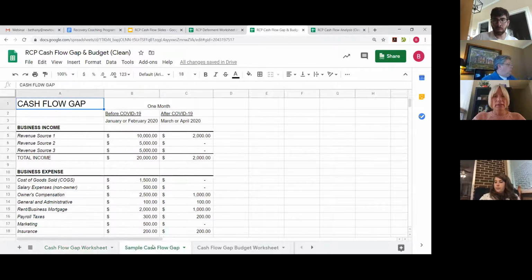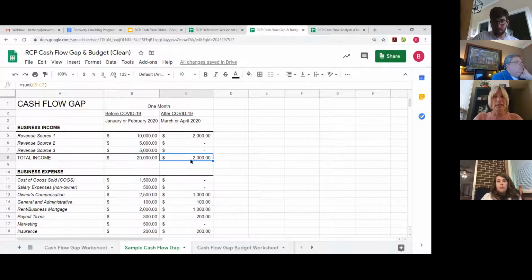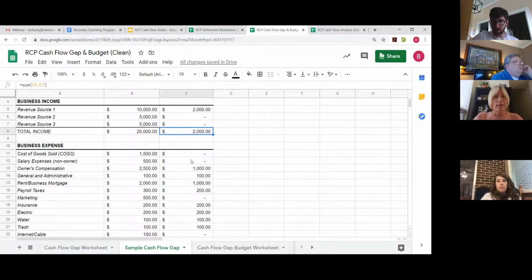And here's another sample business where we've gone in and filled in this worksheet so you can get an idea of what this looks like. Prior to the pandemic, this business was running an average of $20,000 a month in income, and now it's reduced significantly, only 10% of what they were doing prior to the pandemic.